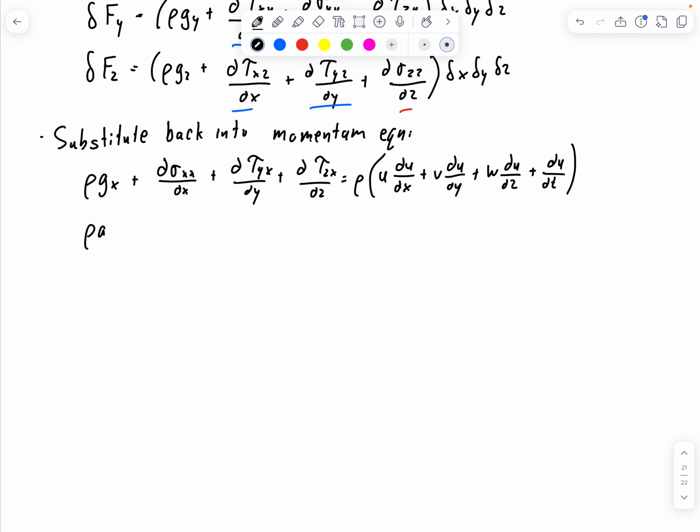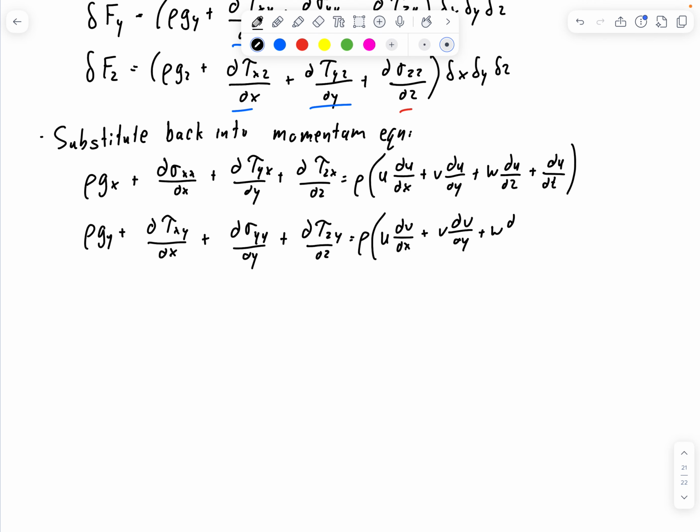Our y component here is rho gy plus del tau xy by del x plus del sigma yy by del y plus del tau zy by del z is equal to rho, again, times our acceleration, u times del v by del x plus v del v by del y plus w del v by del z plus del v by del t. That's our y component.